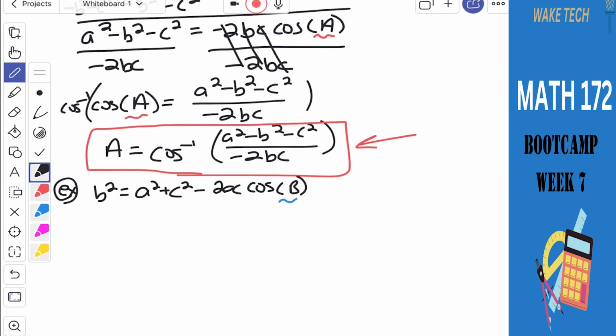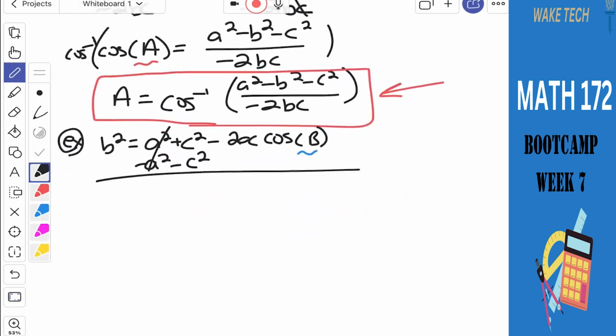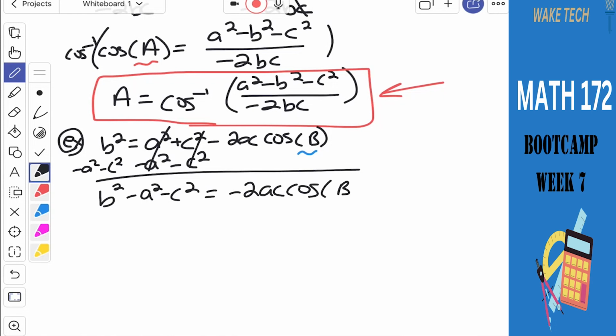So what we can do is subtract a squared and c squared first. So b squared minus a squared minus c squared equals negative 2ac cosine b. Next, we'll divide both sides by negative 2ac.